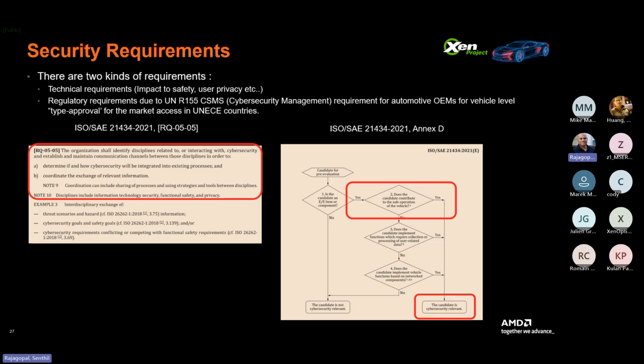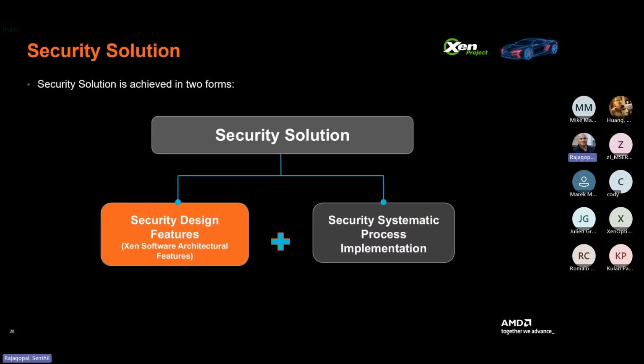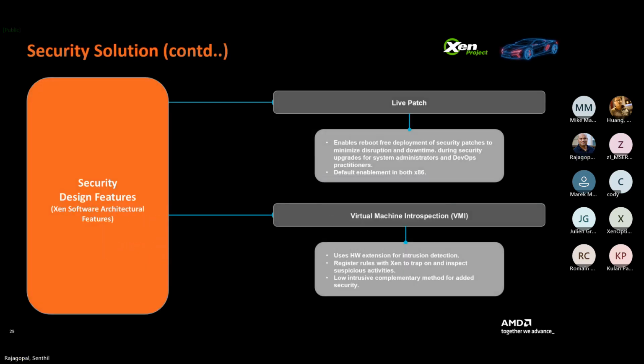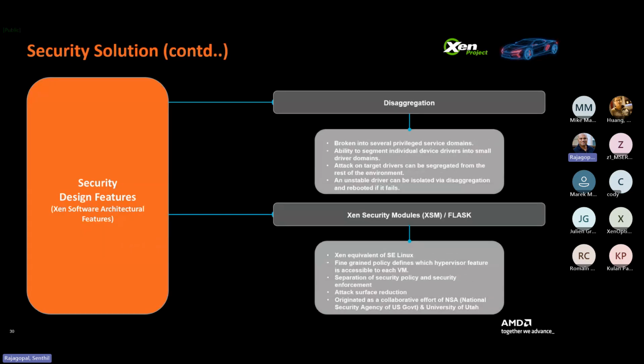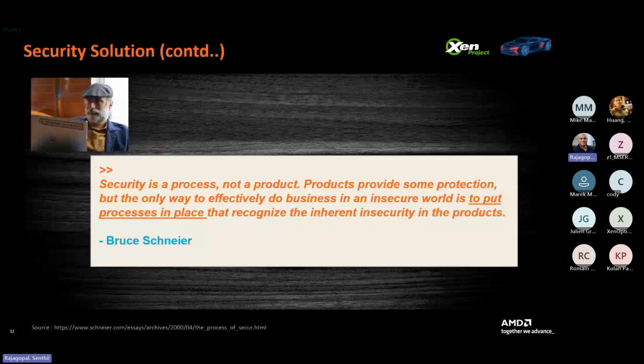So there is a need to comply, with architectural features and then process. Something I really like is that security is a process, not a product. You can put some controls in place, but that does not ensure that your system is secure if you don't have a sufficient process in place.